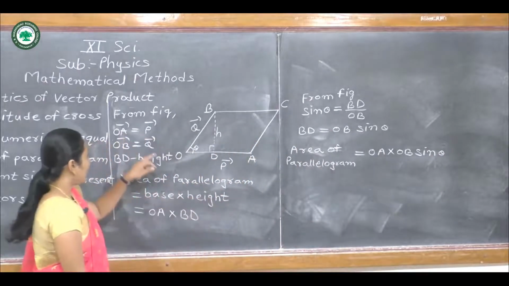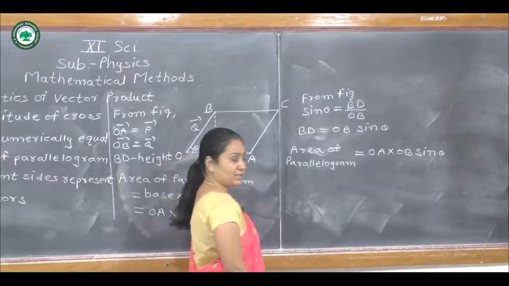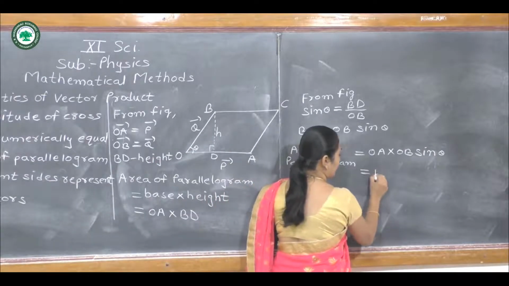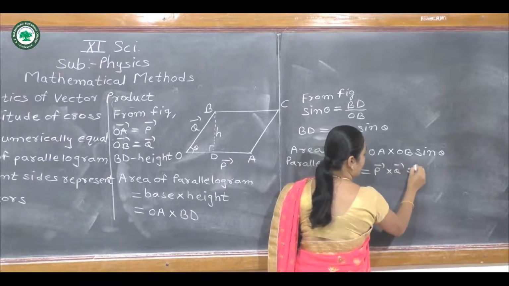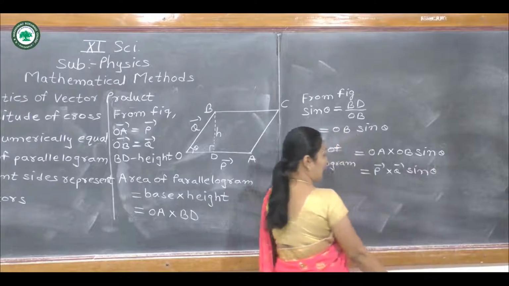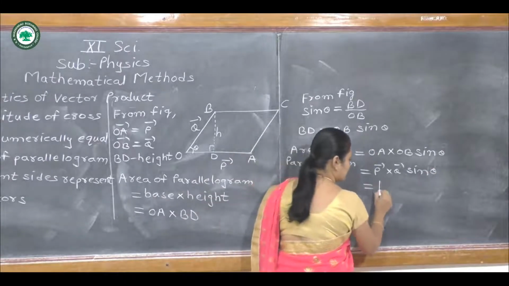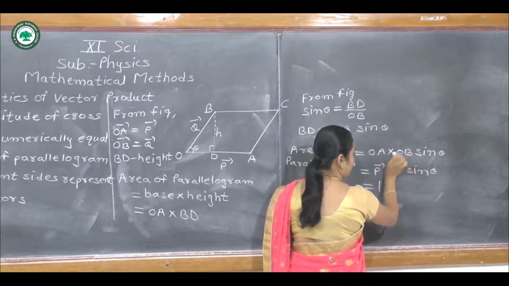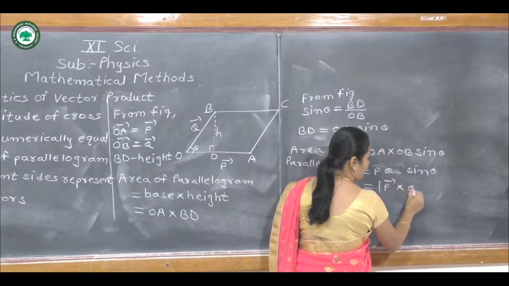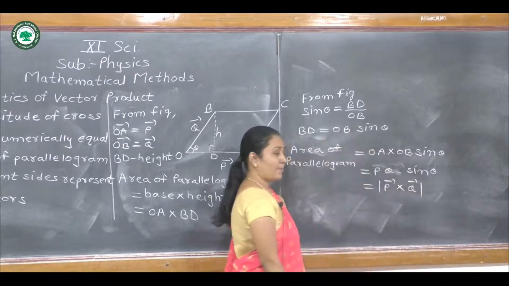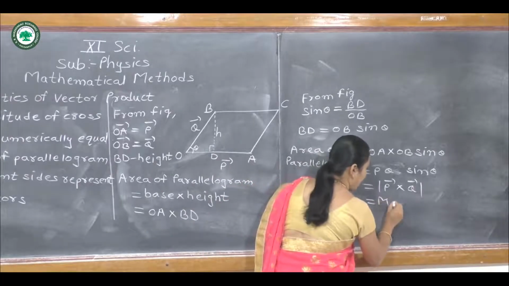Now we have the values of OA and OB. So we can substitute these values. So it is equal to PQ sine theta, which is nothing but the magnitude of P bar cross Q bar.